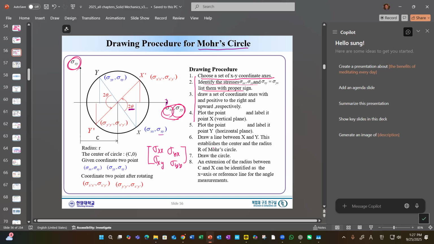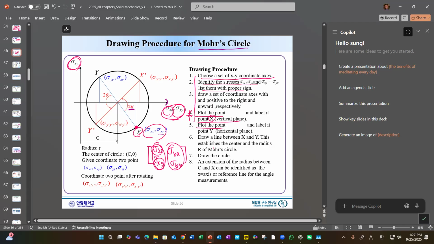So the first important step is to plot the X, large X. What is that? Well, let's say these are the two components representing one point. So sigma XX and sigma XY. So we just get the point here, and here another one, YY and X. So this is the X, but it's not difficult.